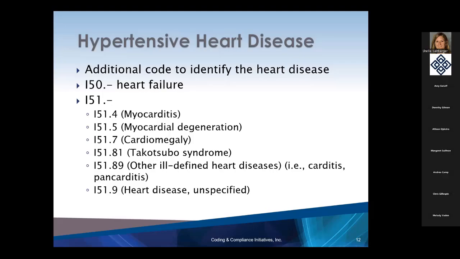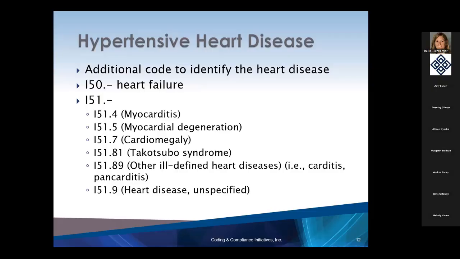So for my coders on the call, remember, hypertensive means the condition is due to the hypertension. So if the relationship between the heart failure and hypertension is not identified by your provider, so the provider does not specify in their note hypertensive heart failure, your official coding guidelines indicate there is a causal relationship between those diagnoses unless the provider tells you they are not related.